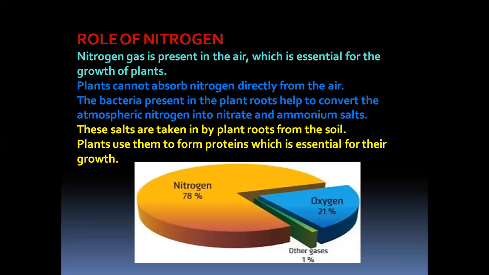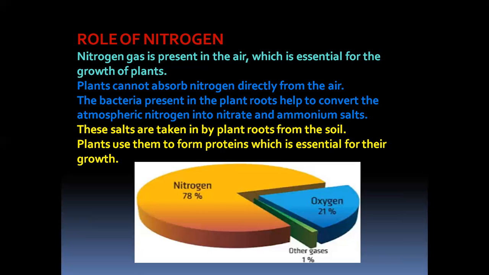In those nodules, there are bacteria present. And this bacteria will help the plant to convert atmospheric nitrogen into nitrate and ammonium salts. And the plant will give food to the bacteria. So both are benefited here.